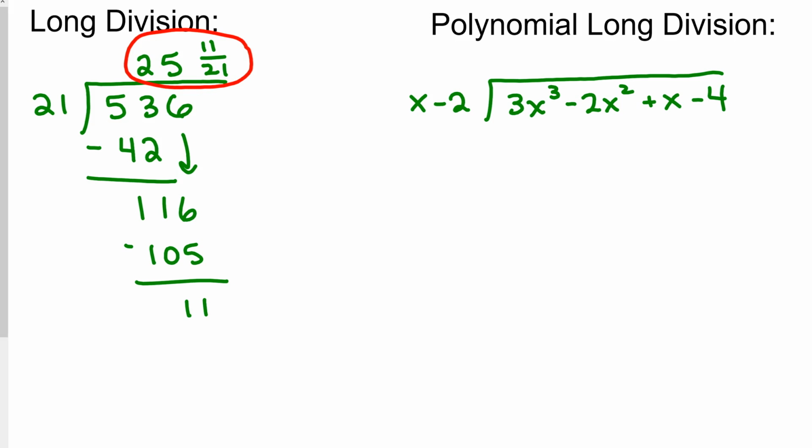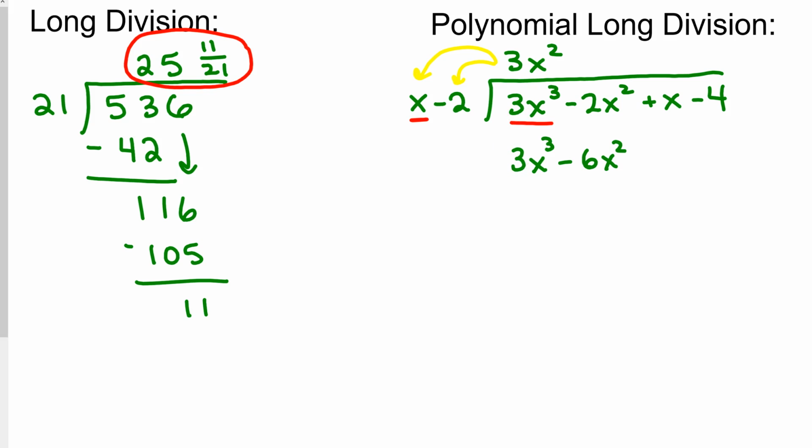So what we do is we say to ourselves, does x divide into 3x cubed? Why, yes, it does. So x times what is 3x cubed? It would have to be x times 3x squared to give us 3x cubed. Now, once we write the 3x squared up there, we multiply it by both of these and we write it down. So 3x squared times x is 3x cubed minus 3x squared times 2 is 6x squared.